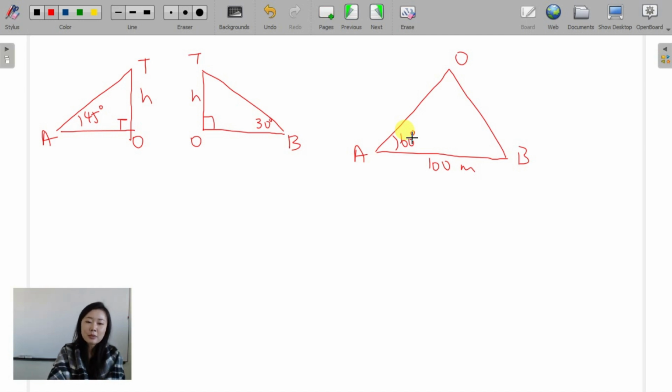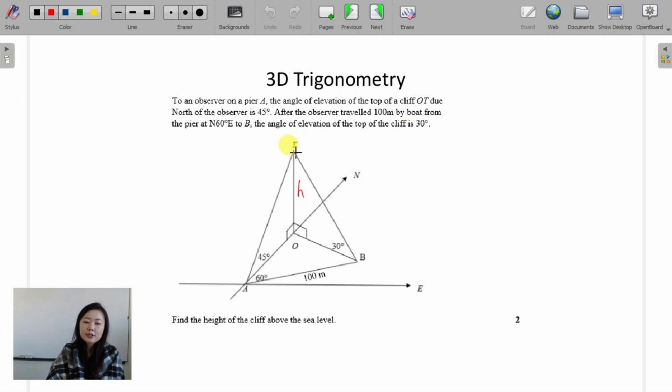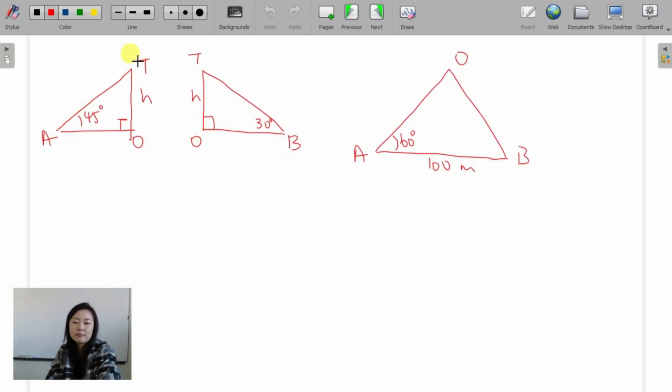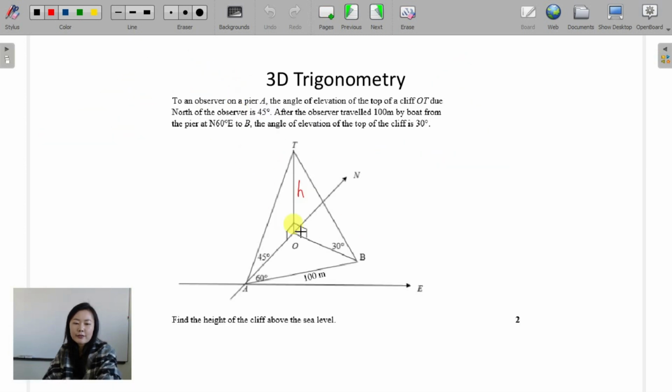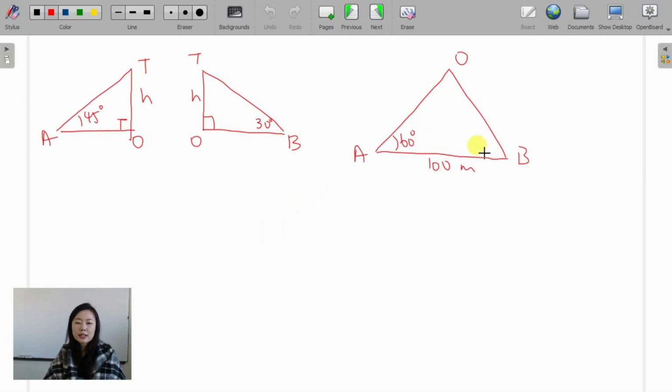All right, so let's summarize what I've done here. I've captured this triangle here, which is this one here. I've captured this triangle here, which is this one here. And I've captured the bottom triangle here, which is this one here. So the first step, you need to figure out this side, which links up with this side. Very easy, basic right angle trigonometry.